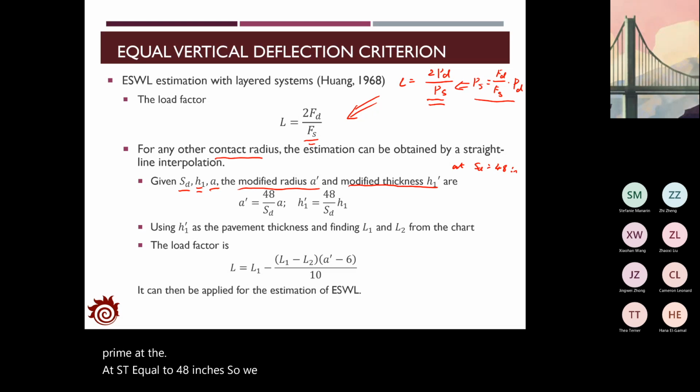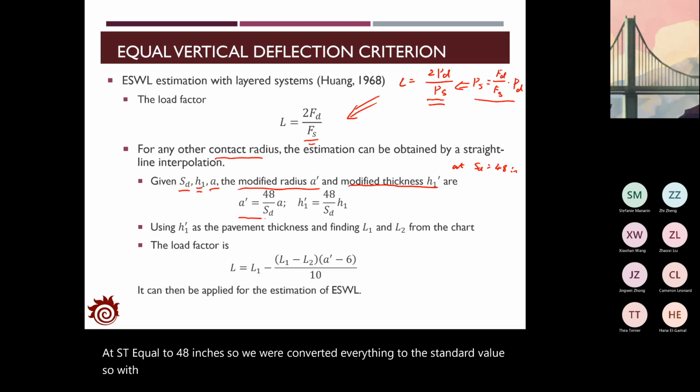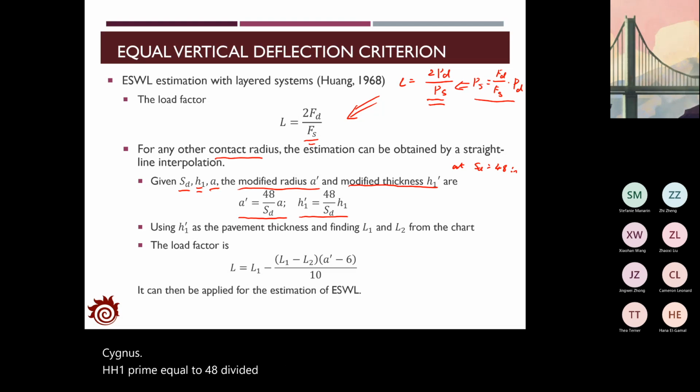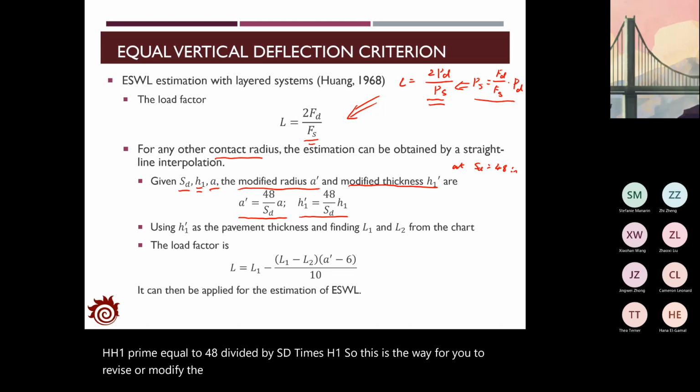The modified radius A prime equals 48 divided by SD times A, and the thickness H1 prime equals 48 divided by SD times H1. This is the way to modify the thickness and the contact radius.